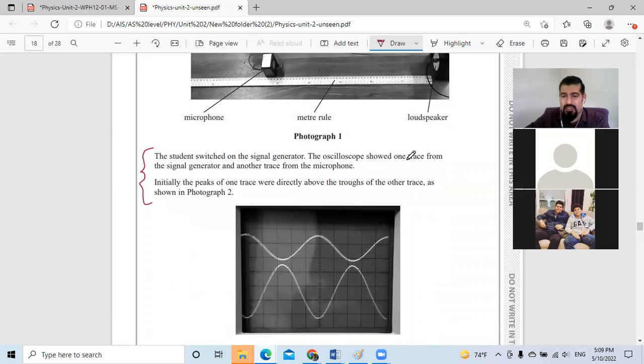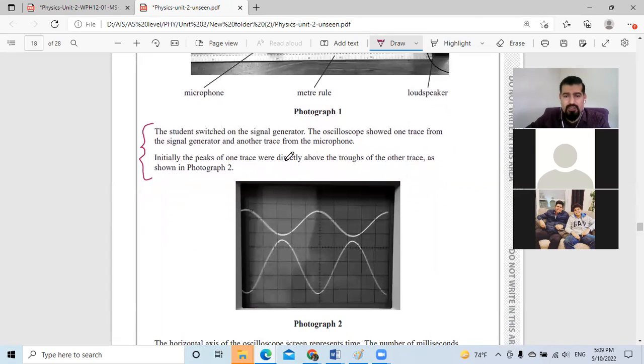The oscilloscope shows one trace of the signal generator and the other trace of the microphone. Initially, the peaks of the trace were directly above the troughs of each other, as shown in this figure. You can see that the crest is with the trough, and the trough is with the crest. So what can I say about these, are they in phase or antiphase?